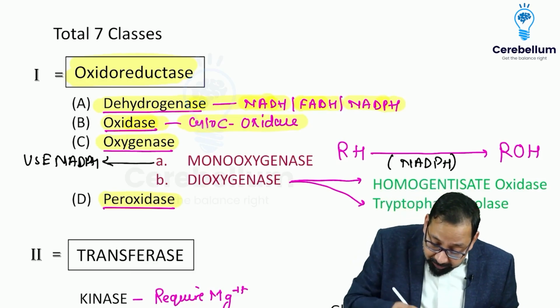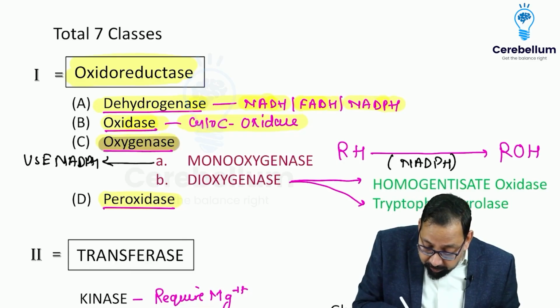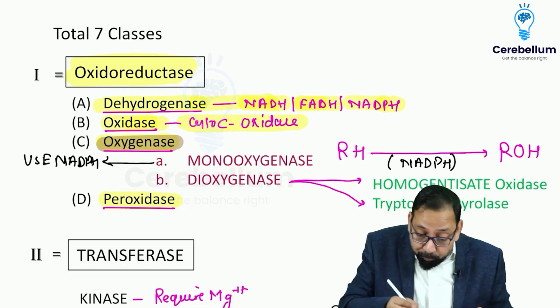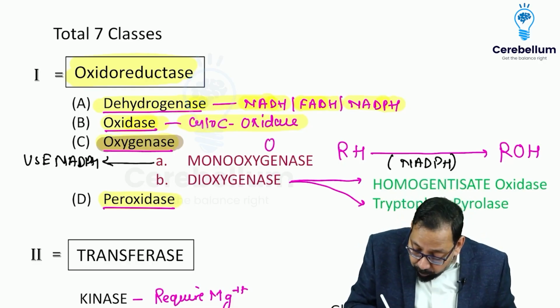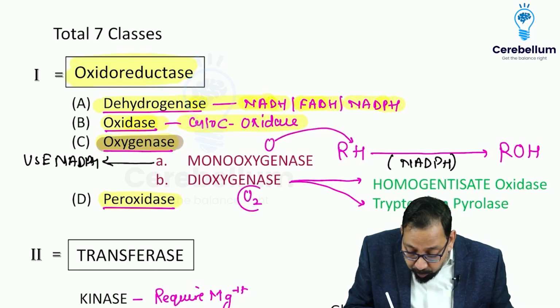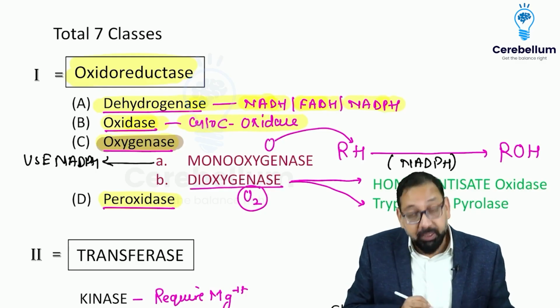A common question: cytochrome C oxidase is an oxidase or oxidoreductase. Third is oxygenase. Oxygenase means joining of oxygen. If you join one atom of oxygen, then it is monooxygenase. If you join 2 atoms of oxygen, then it is a dioxygenase.